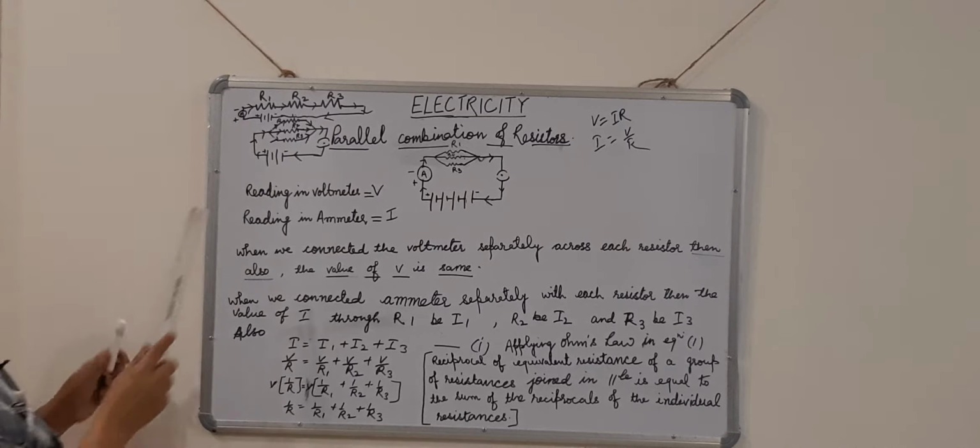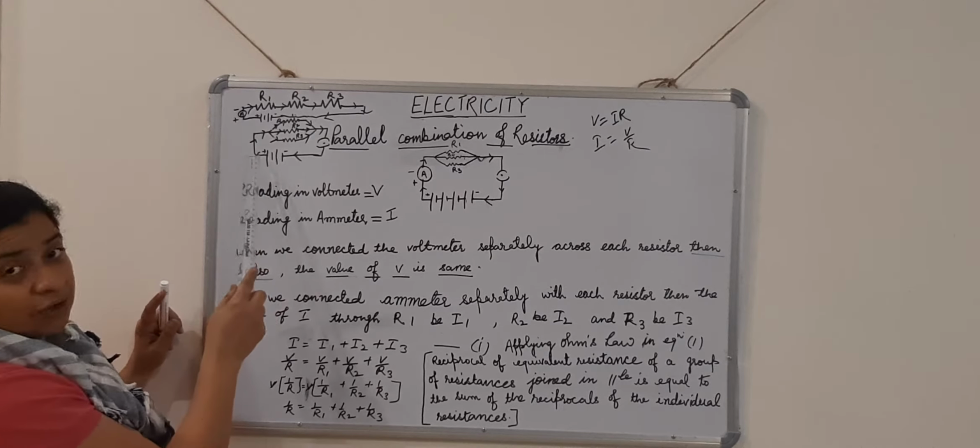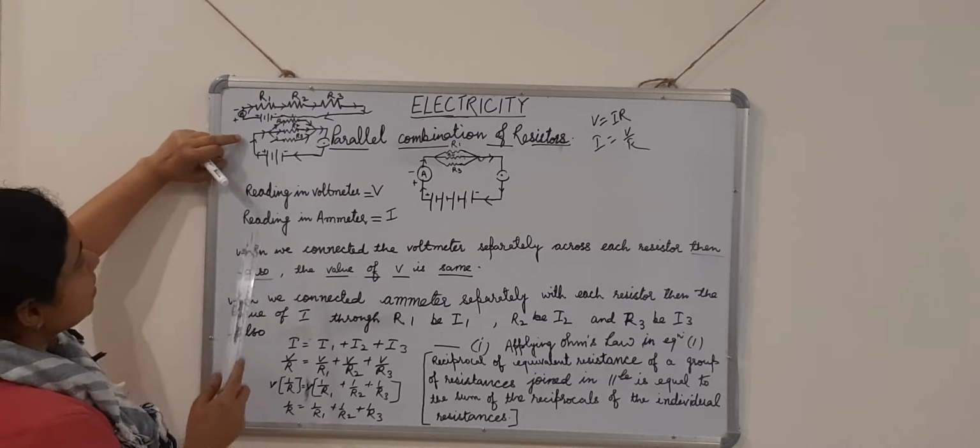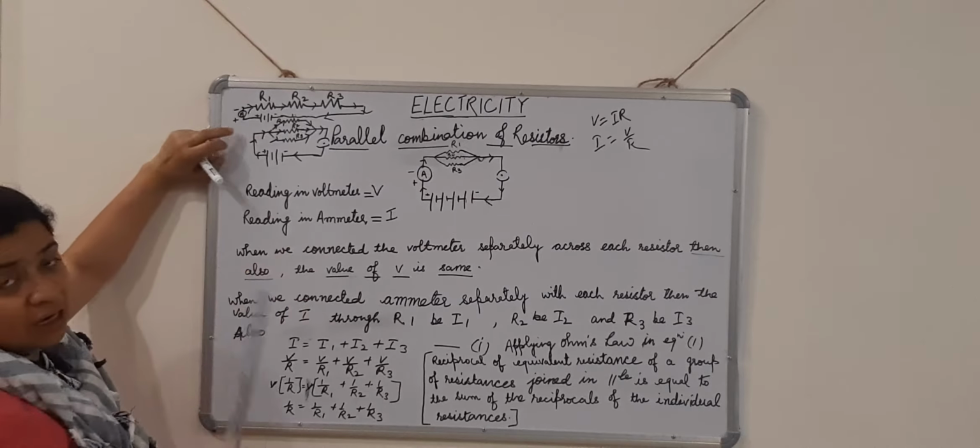But in parallel combination, the path of the current is divided. That is why it is called parallel combination.